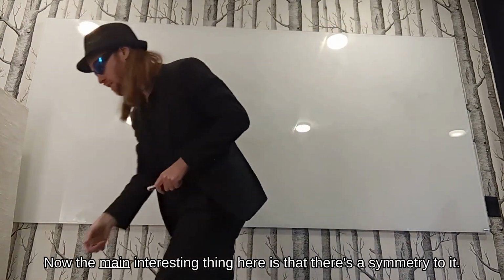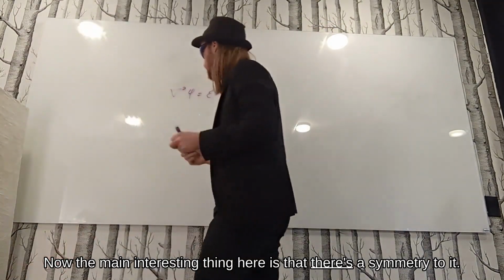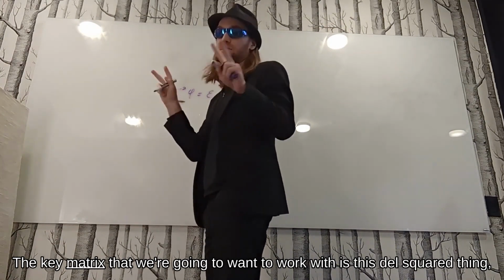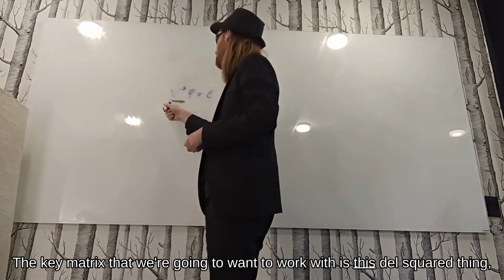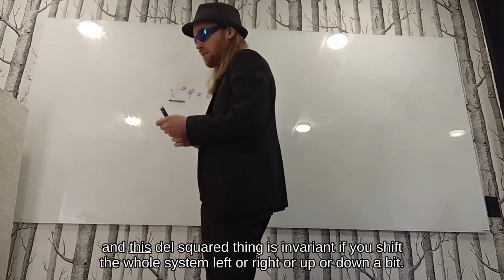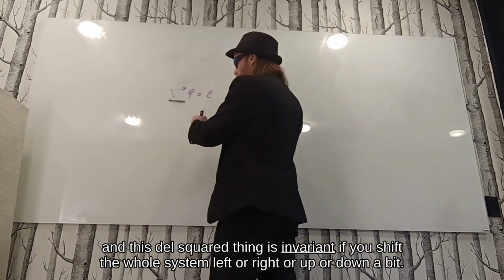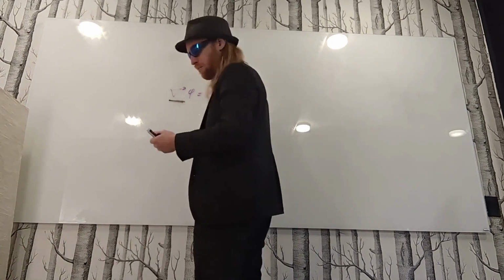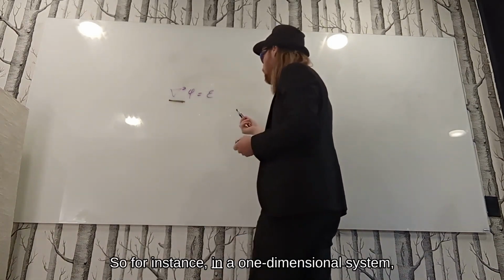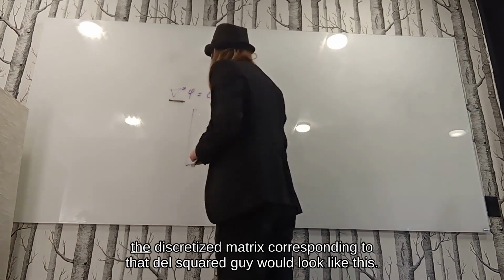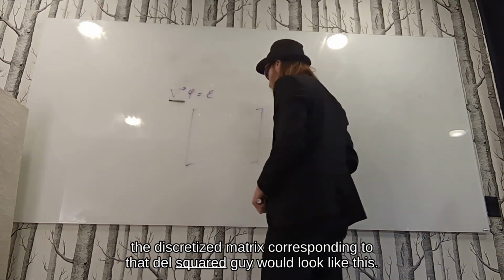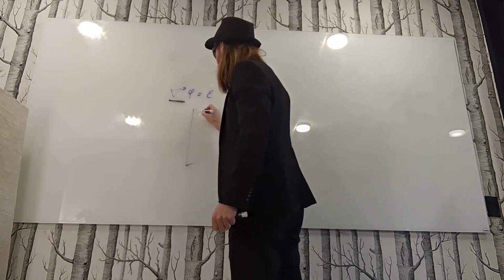Now, the main interesting thing here is that there's a symmetry to it. The key matrix that we're going to want to work with is this del squared thing. And this del squared thing is invariant if you shift the whole system left or right or up or down a bit. So for instance, in a one-dimensional system, the discretized matrix corresponding to that del squared would look like this.